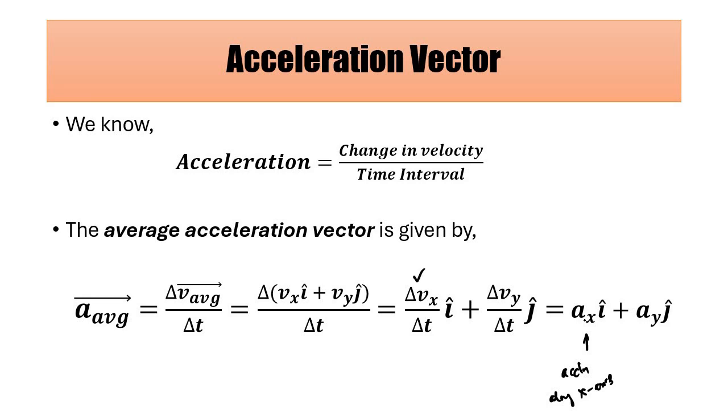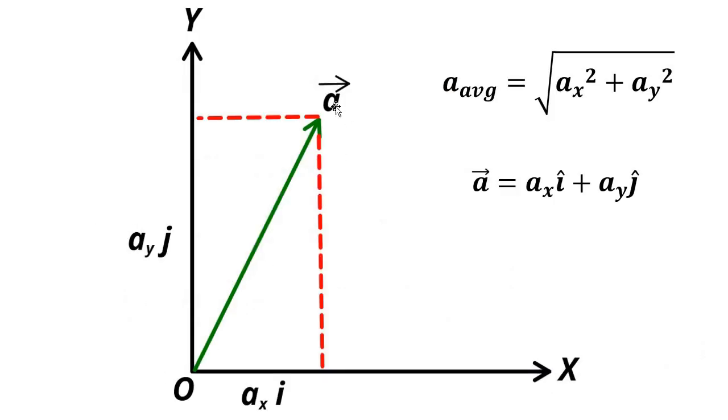So this is the acceleration along the x-axis, which is the change in velocity along the x-axis in this time interval. Similarly, this specifies the change in velocity along the y-axis in this particular time interval, which is the acceleration along the y-axis. So acceleration, represented as a vector, can be resolved into its individual components. It is represented as ax i cap plus ay j cap.